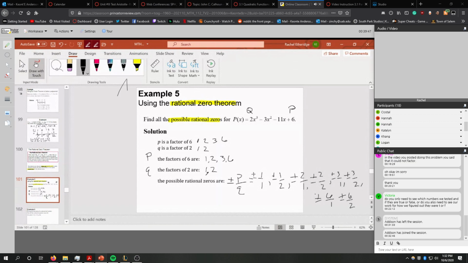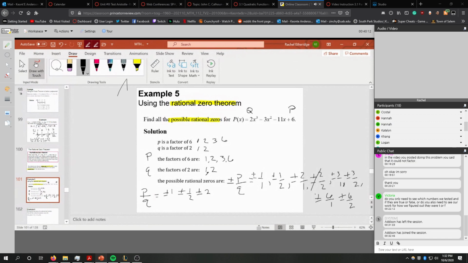So we're going to reduce these and not write repeats. So our P over Q values are plus or minus 1, plus or minus 1/2, plus or minus 2. This is a repeat.